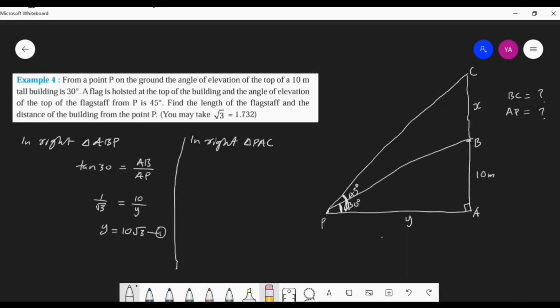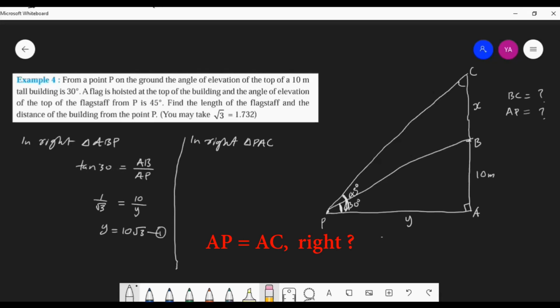So this will make a 45-45-90 degree triangle. Look here, we have the opposite side. What is the opposite side of angle P in this triangle? AC, right? That we can take as 10 plus x.